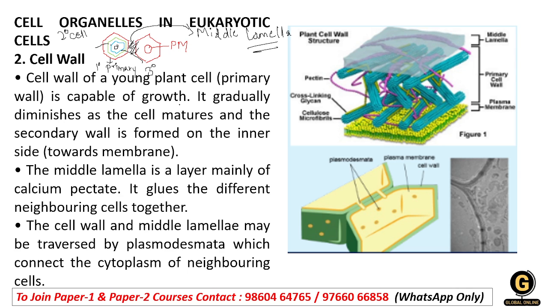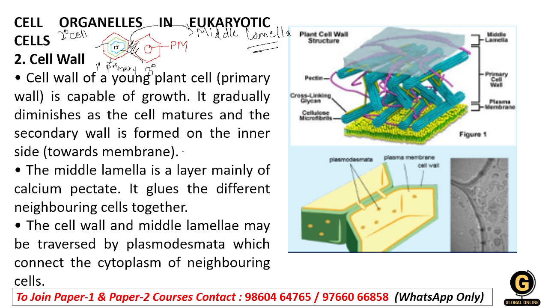Now we will read this. Cell wall of a young plant: the primary wall is capable of growth. It gradually diminishes as the cell matures and the secondary wall is formed on the inner side. As the cell matures, the primary cell wall diminishes and the secondary cell wall is formed towards the inside.